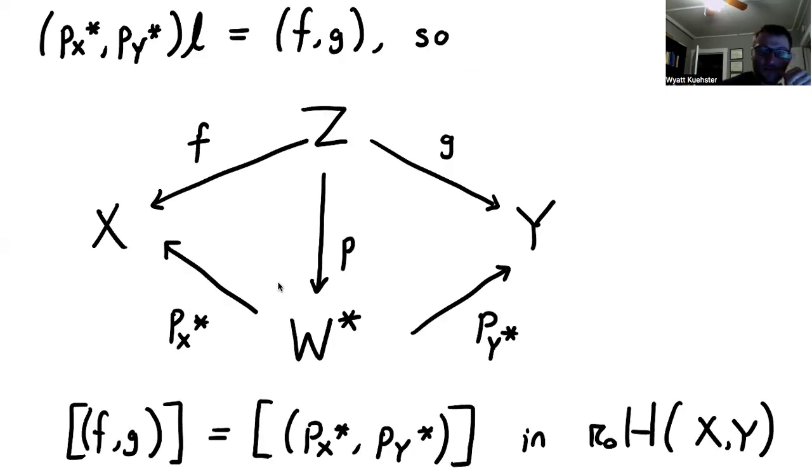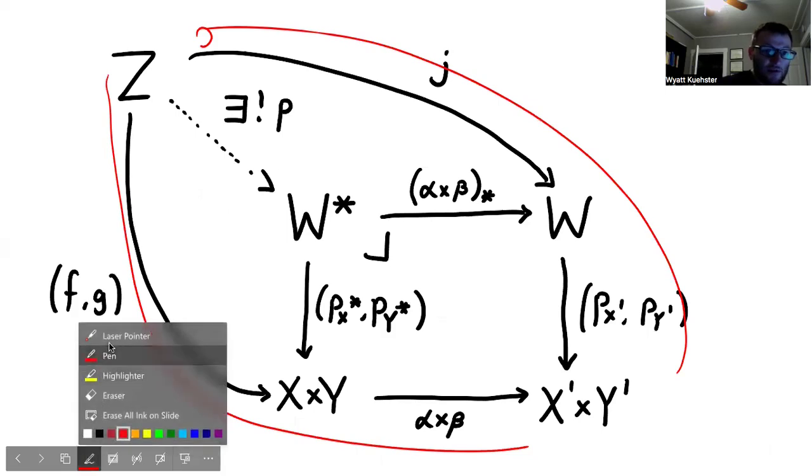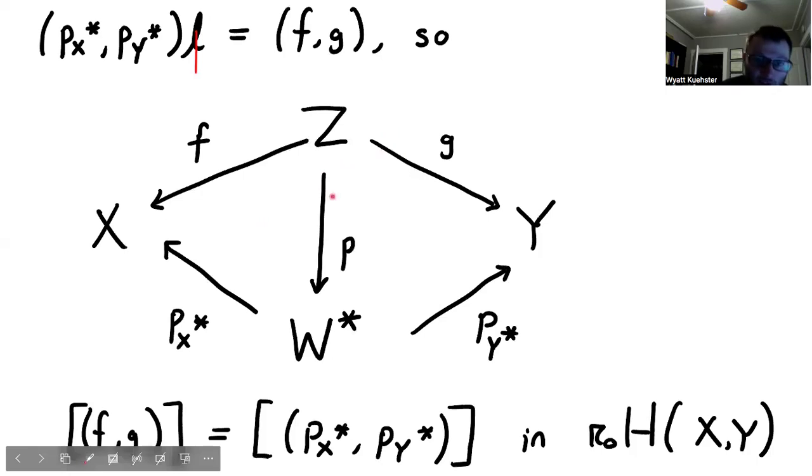I think I called something L, but I should have called P. So here, this map is supposed to be called P. P x prime, P y prime, P is f g by commutativity of this triangle here. My pen has stopped working again, but it's almost over, so I don't care. Commutativity of this triangle gives me that, and so that gives me a cocycle morphism between Z and W star. Okay, so there we go.